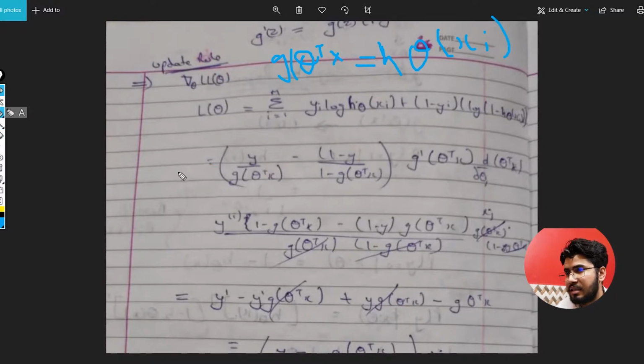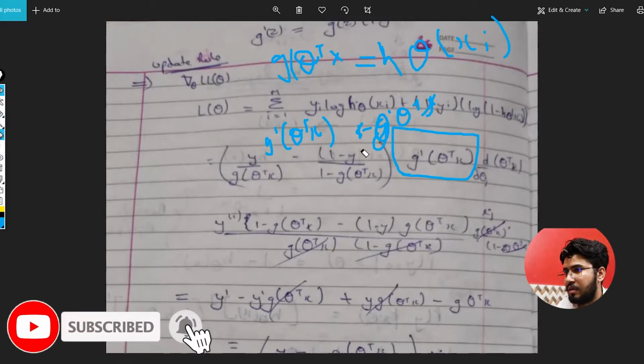But what is happening beside this is that we are also going to get the derivative for this, and for this, because of the chain rule. So what I am doing here is taking a common factor out, because we had these values, g of theta transpose x, and we also had 1 minus g of theta transpose x, or rather we had only this.